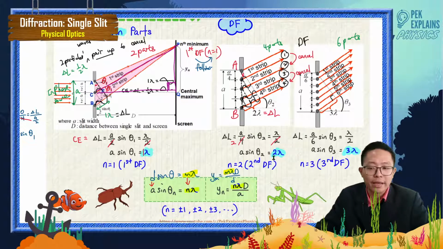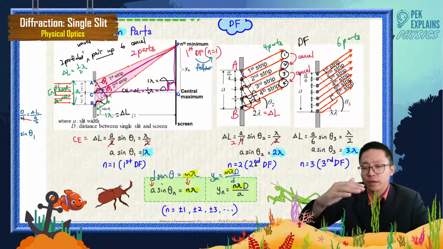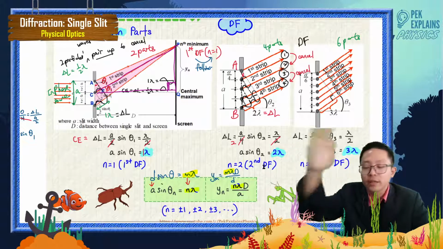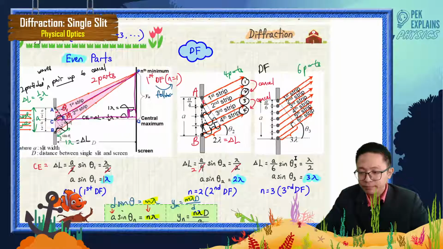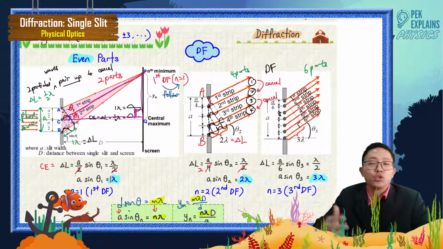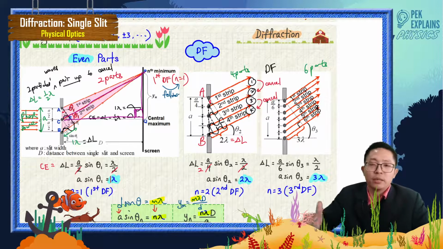This one, with delta L of 2 lambda, formed a fringe further up the screen, which is the second dark fringe.